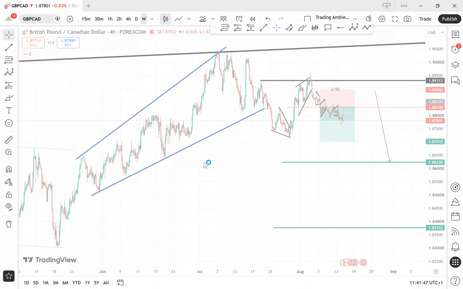On the weekly time frame, we have a bullish impulse and a bearish reversal structure on the GBP card.